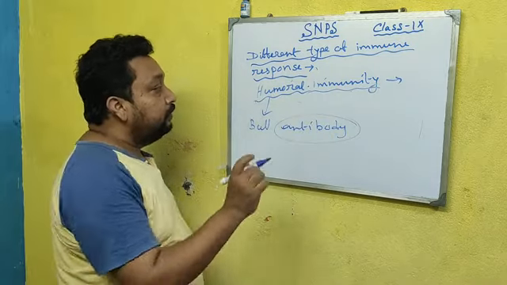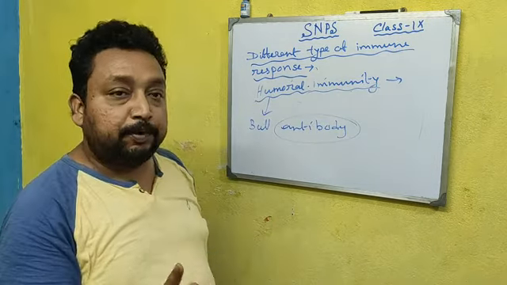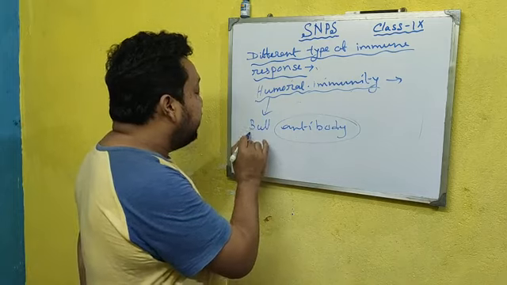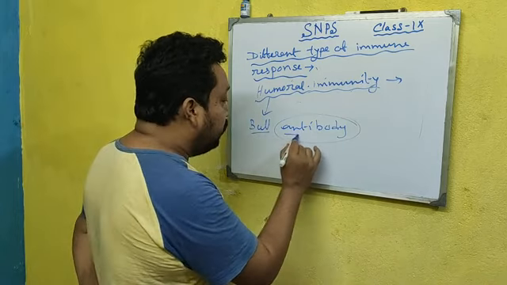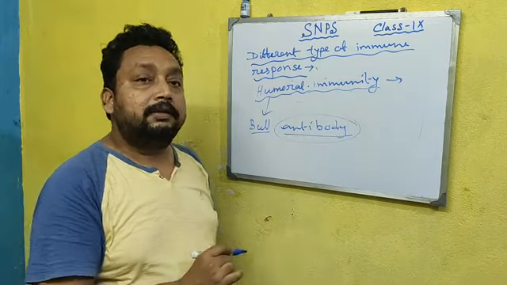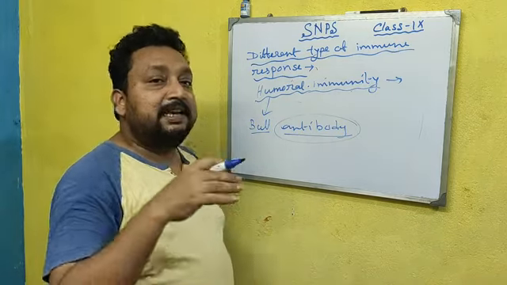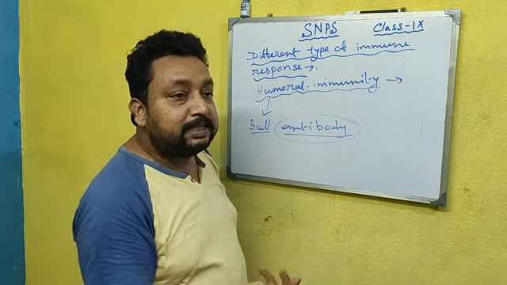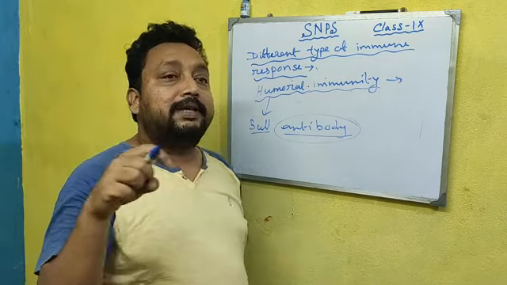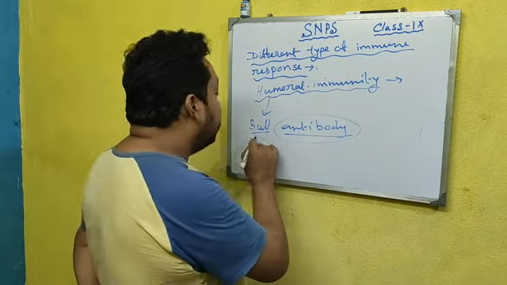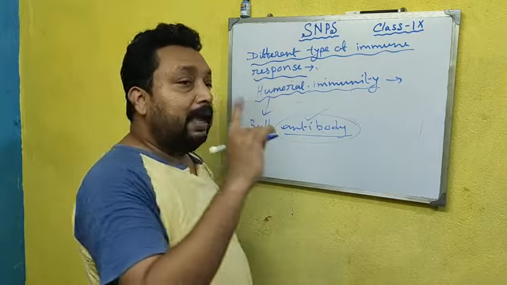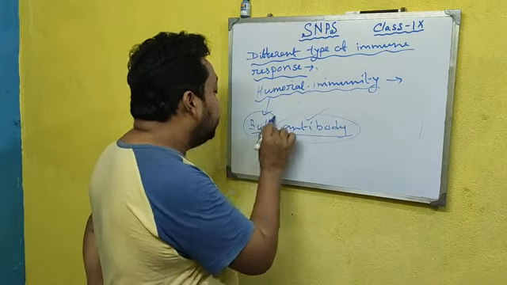What you should know: humoral immunity is the type of immunity where the B cell is involved to produce the antibody and destroy the antigen. It means where the T cell fails to destroy the antigen, then there is a requirement to produce antibody, and then the B cell is involved.